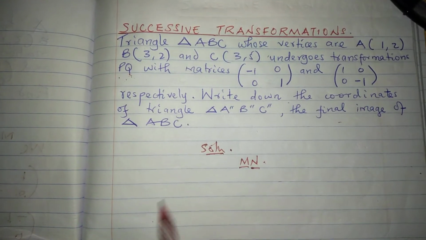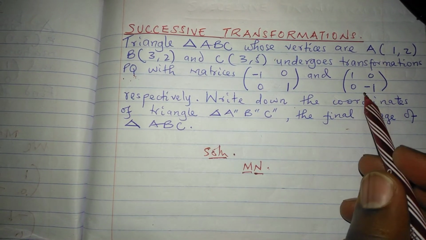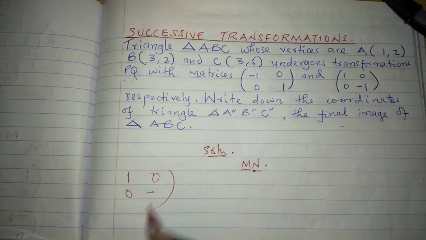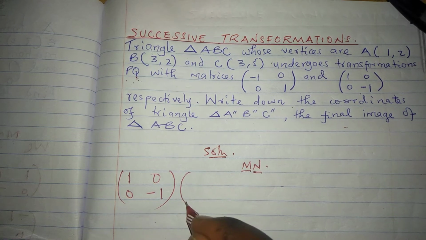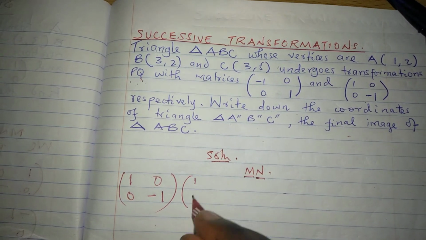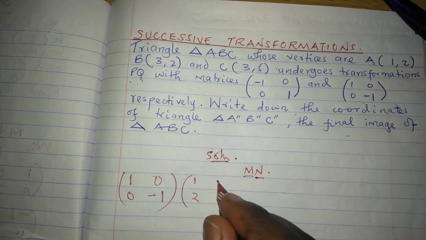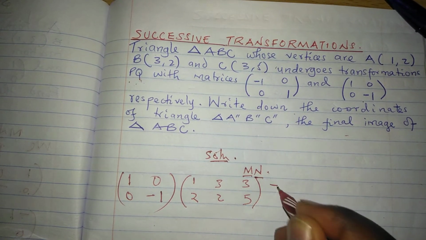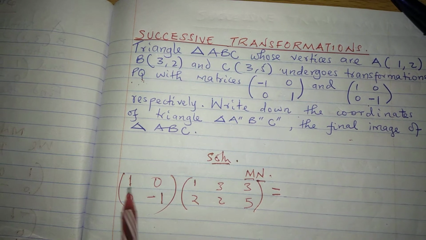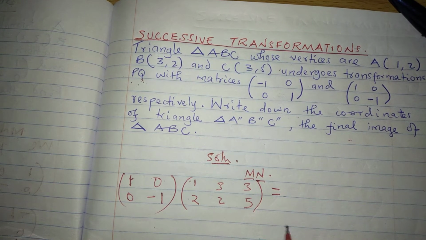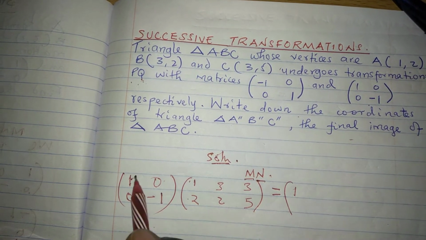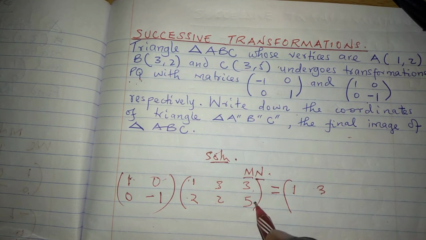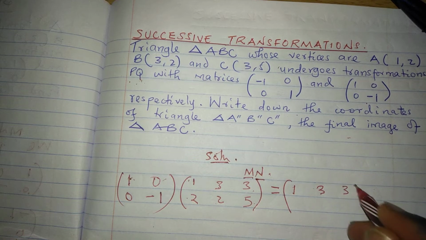So we multiply matrix Q, which is here, 1, 0, 0, negative 1, with the column vectors of the coordinates 1, 2, 3, 2, 3, 5, and this will give us the first image, such that 1 by 1, then 0 by 2 gives us 1, 1 by 3, 0 by 2, that gives us 3, 1 by 3, and 0 by 5 gives us again 3.